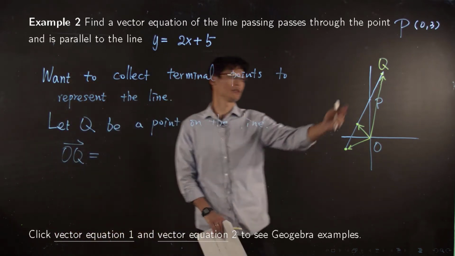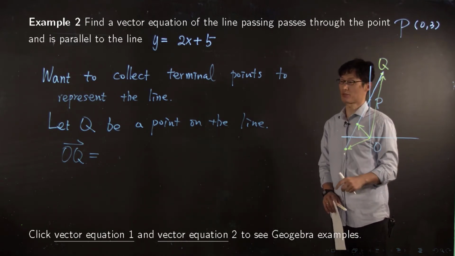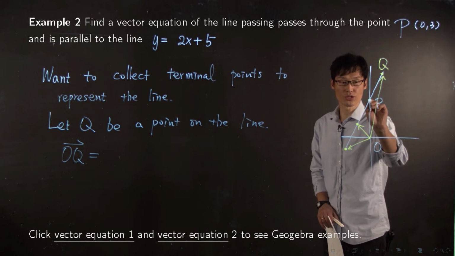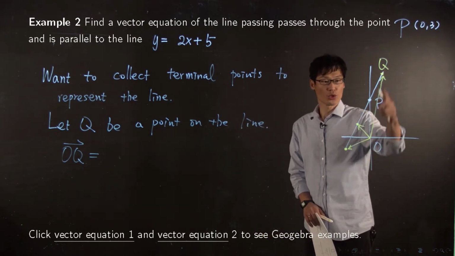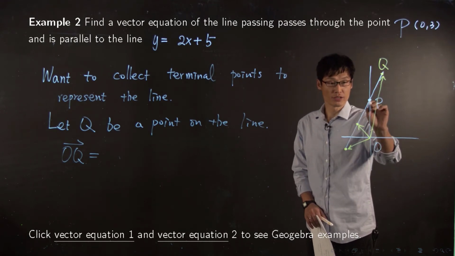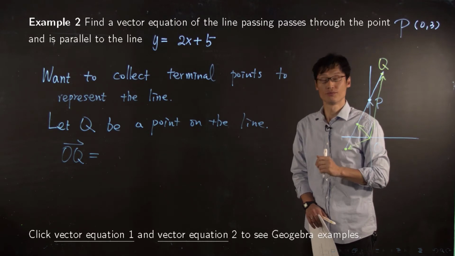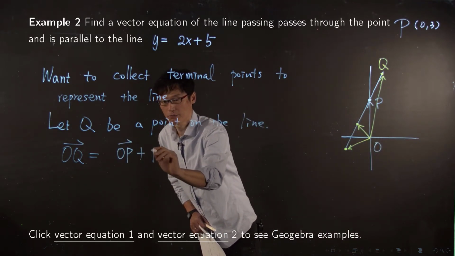Now that this straight line doesn't pass the origin, we need two vectors to express OQ. So we need to use this P. So this OQ is the sum of OP and then PQ.